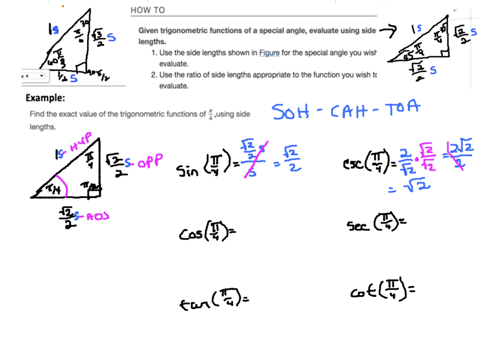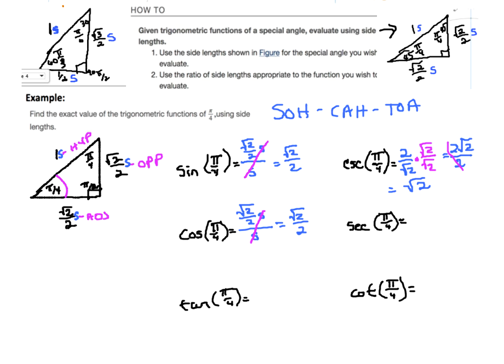All right, the cosine is the adjacent, square root 2 over 2 times s, over the hypotenuse, 1 times s, which is just s. Once again, I divide out those s's because those are just multipliers creating bigger triangles that are still 45, 45, 90. And I'm left with square root 2 over 2.